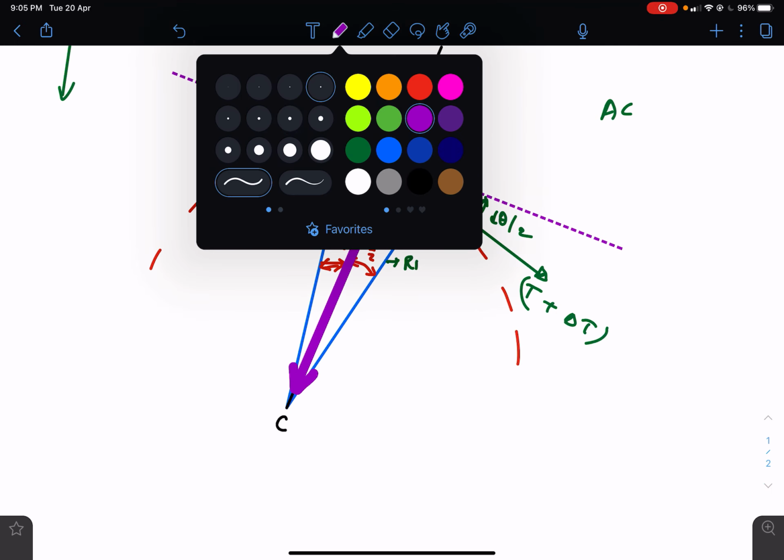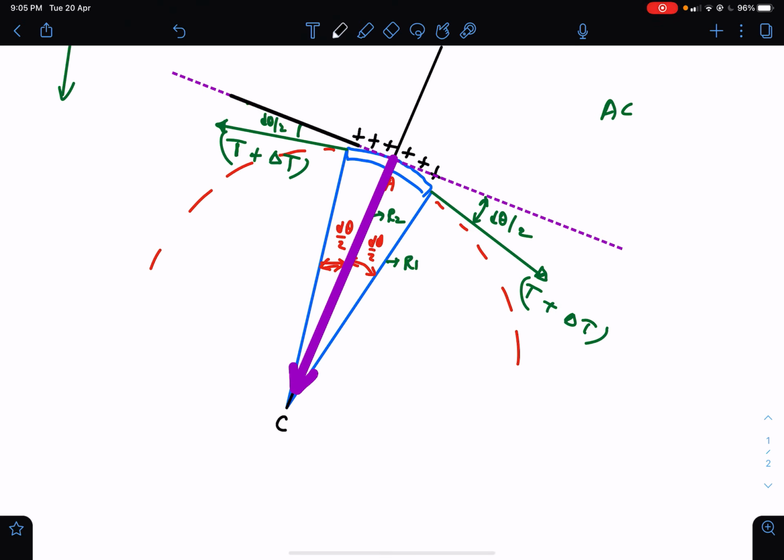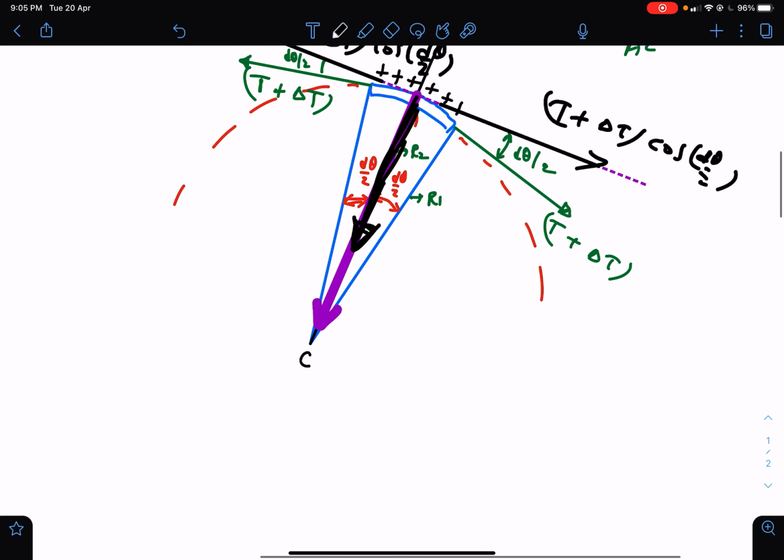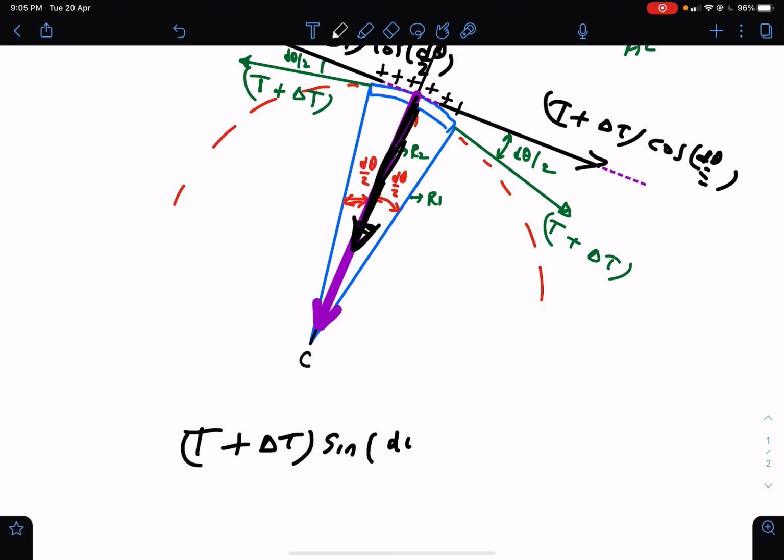If you take the individual tension forces, this component gets cancelled out for the two tension forces: T plus delta T into cos of d theta by 2, and T plus delta T into cos of d theta by 2. But this other component will add up. That component will be T plus delta T into sine of d theta by 2, and there are two of them.